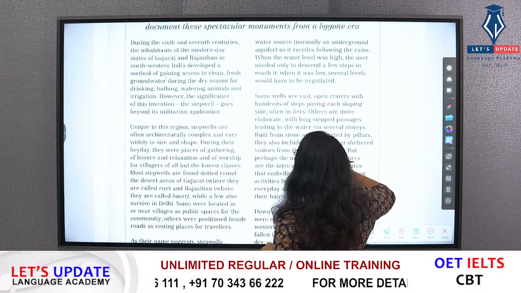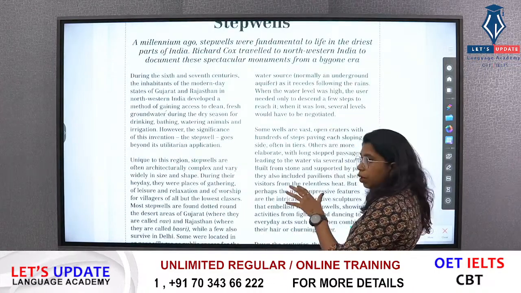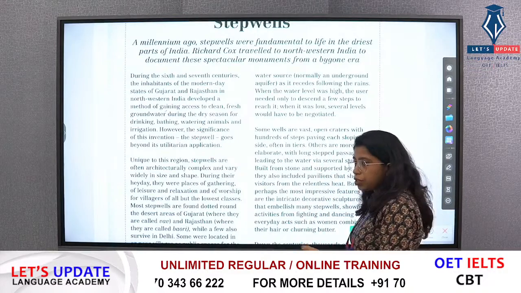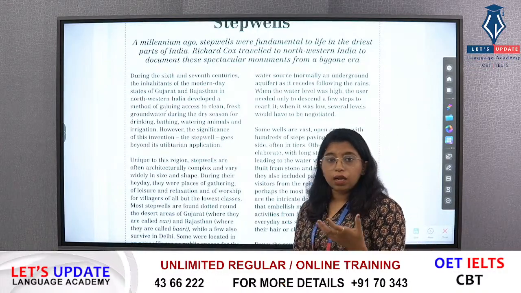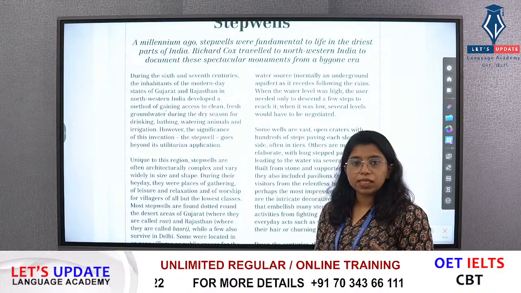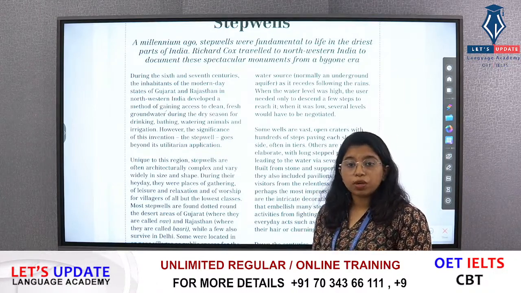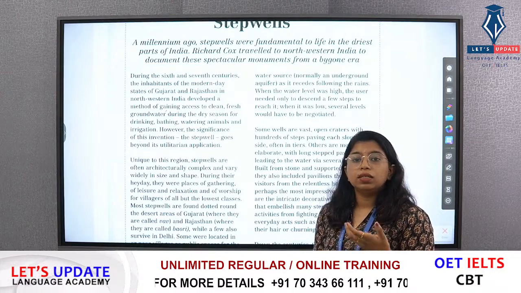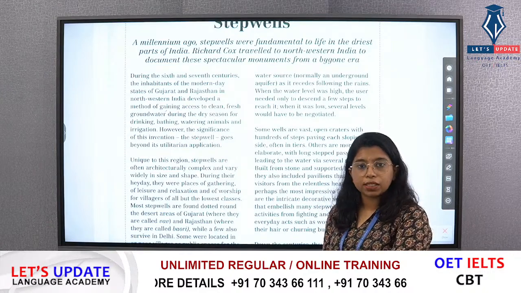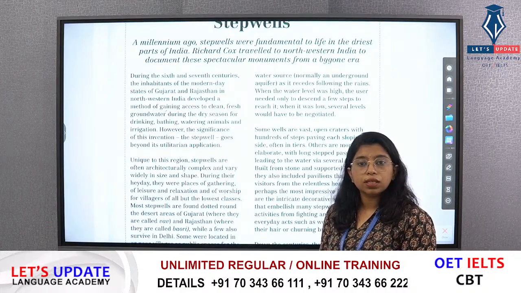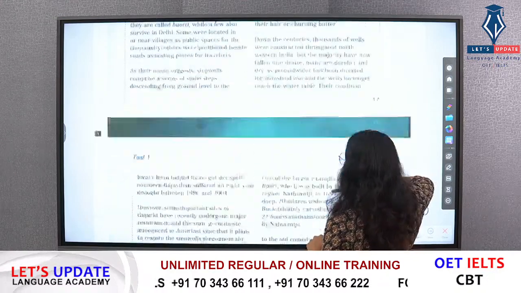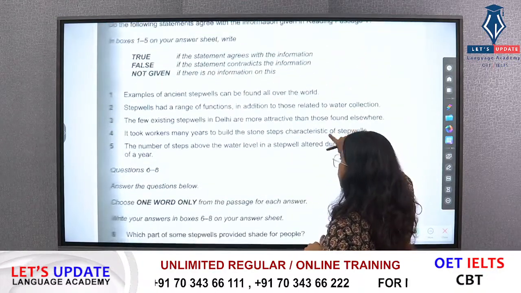So here they are discussing how it is built and what the different characteristics or features of the built steps are. But they haven't mentioned how many years the people took for completing these steps. So the information is not there in the passage, thus the answer is not given. Okay, the answer to the fourth question is not given.